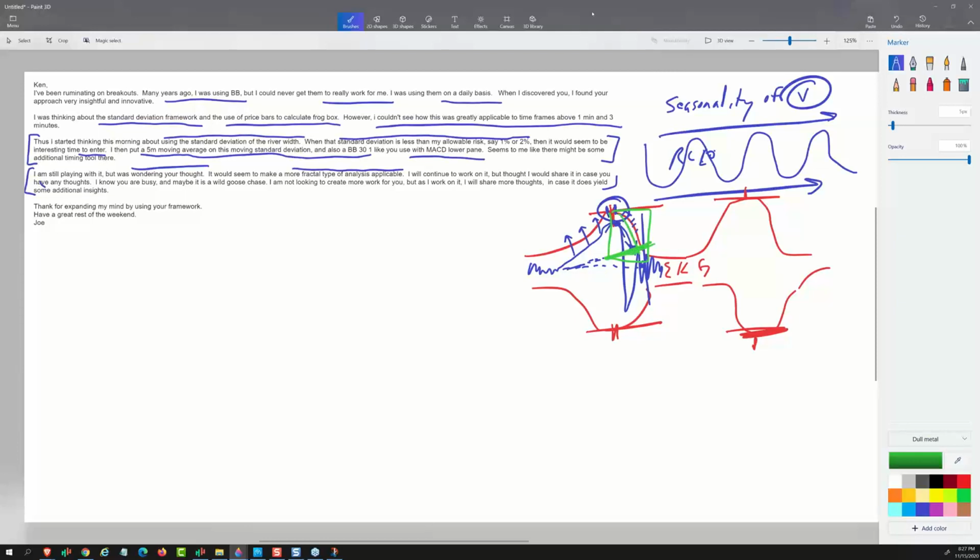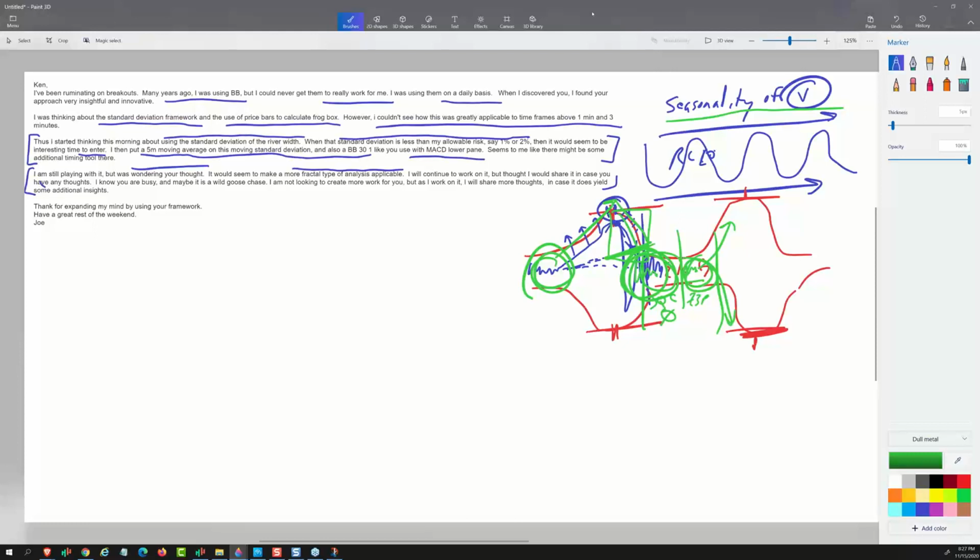But once this thing starts getting all compressed in here, now what you end up having is a sideways quiet channel, and that's not tradable until this gets to a Z3 pinch, when this is so quiet that now the breakouts in either direction become tradable once more. So we go from a period of quietude, tradable, tradable, not tradable, tradable. And this is reflecting the seasonality of volatility.